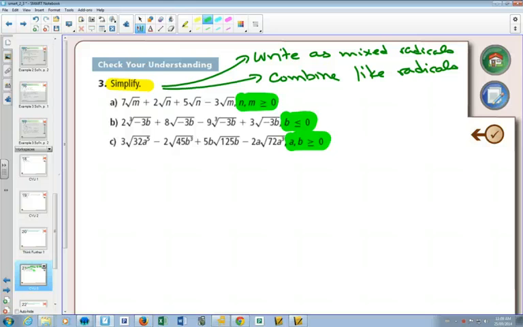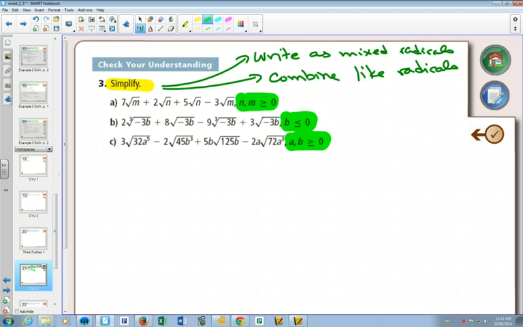That's not part of the question to be simplified, but that green part is saying this first one is only defined if both n and m are bigger than or equal to 0 or positive. The second one only works if b is less than or equal to 0. And the third one only works if both a and b are greater than or equal to 0.